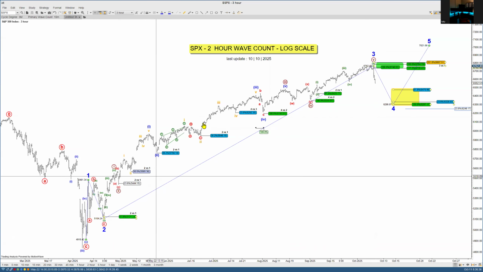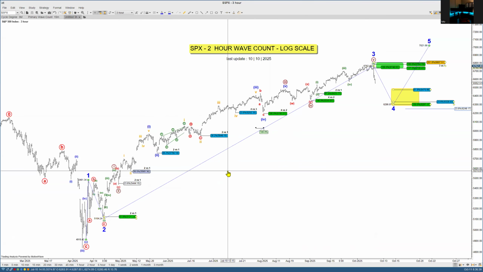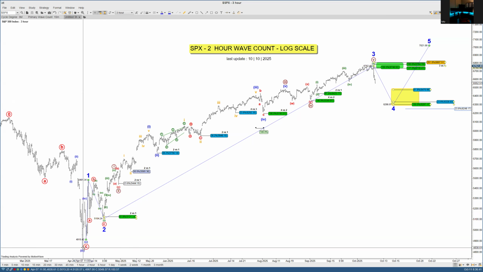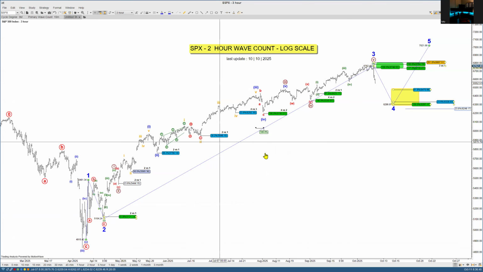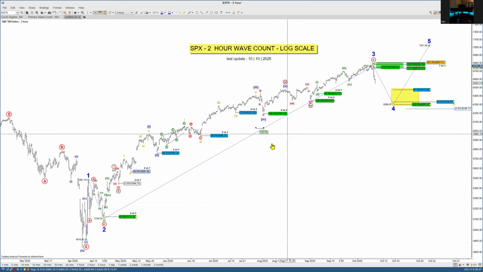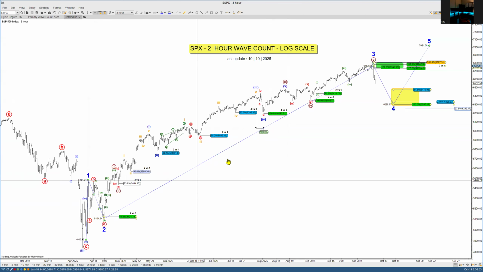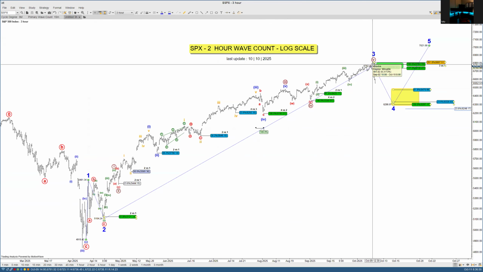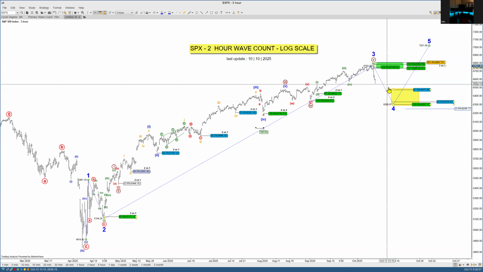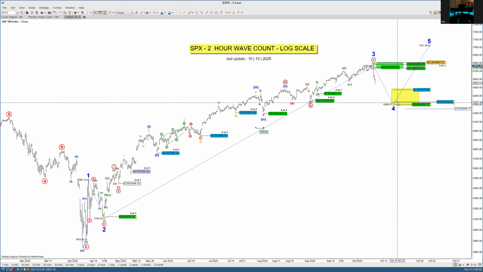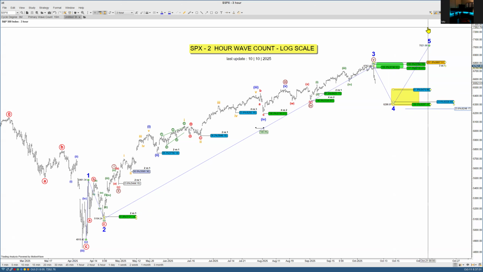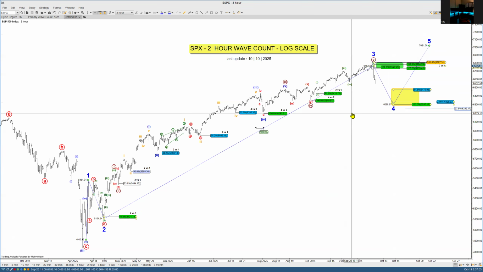But I'm not going to redo and relabel the whole thing when everything has been working pretty well off the April low. This is a very good wave count that we have had in our hands for months. It tells us the expected upside, where the price might make a turn, and where the price can make a move higher from.